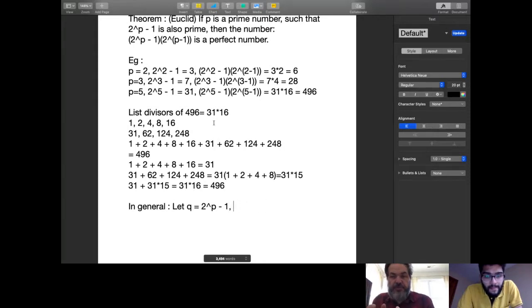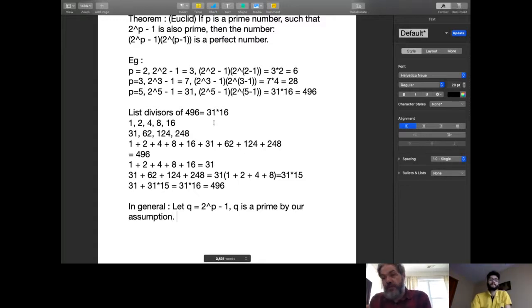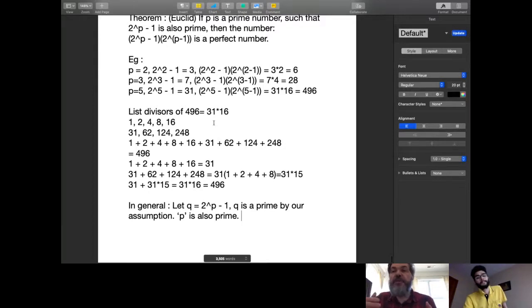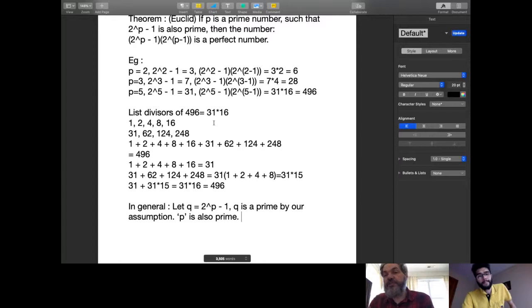Not 1, but q is a prime by our assumption, and Euclid's assumption, that 2 to the p minus 1 is a prime. Also, p is a prime by our assumption.